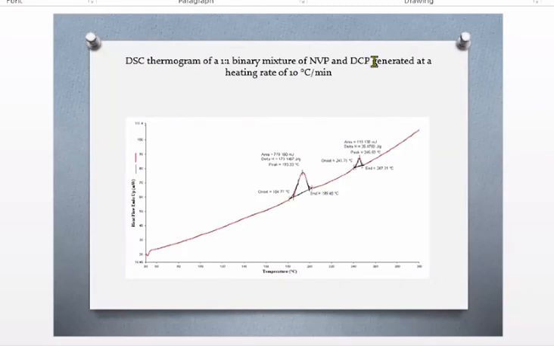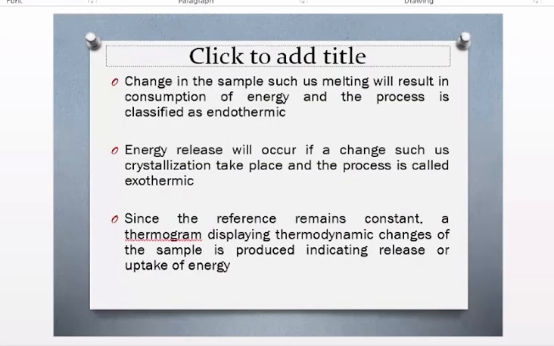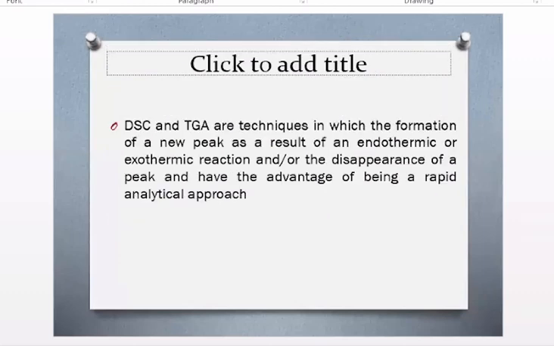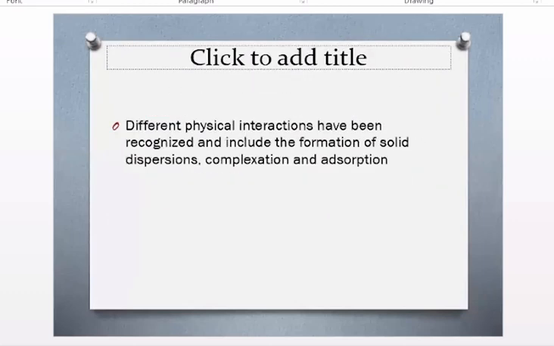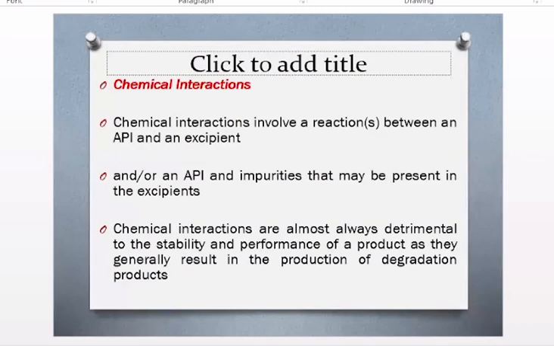After 24 hours of testing, I only had 18% of nevirapine released after dissolution testing. So this is an example of how you can use these techniques to predict whether you can use a particular excipient or you cannot.